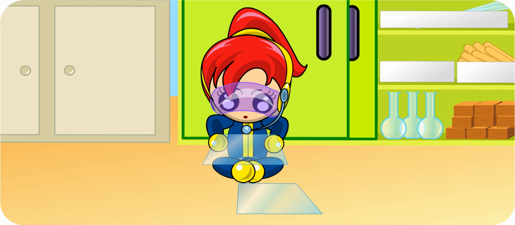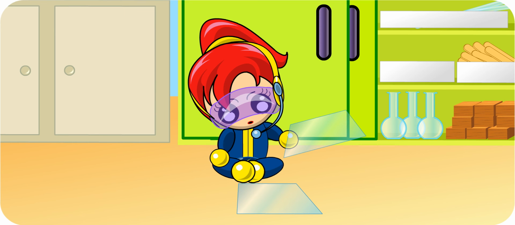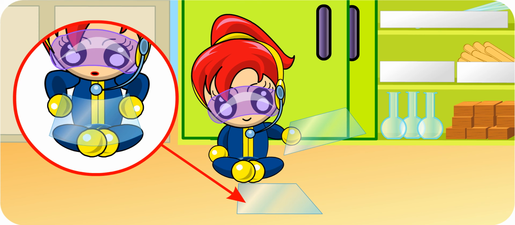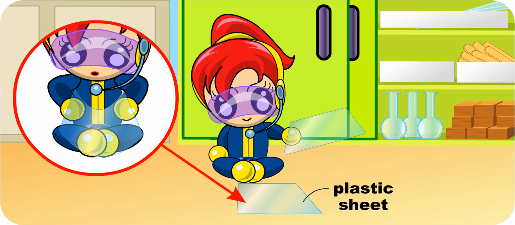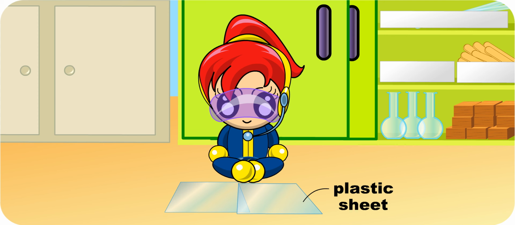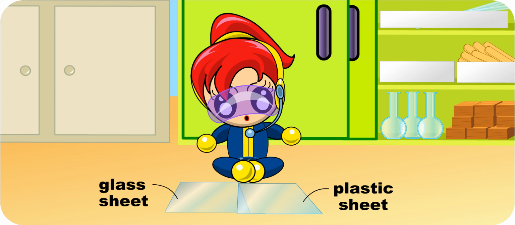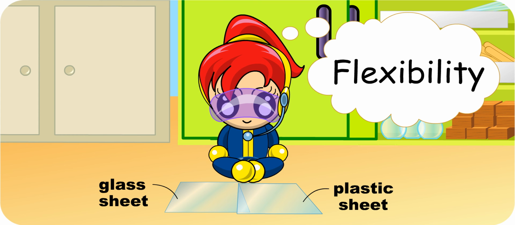I can't bend this. They are made of different materials. The sheet which has a greater flexibility is actually a plastic sheet. The other one is actually a glass sheet. Ah, we can classify materials such as these two sheets according to their flexibility as well.